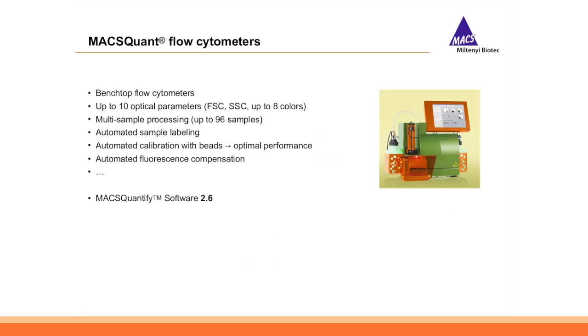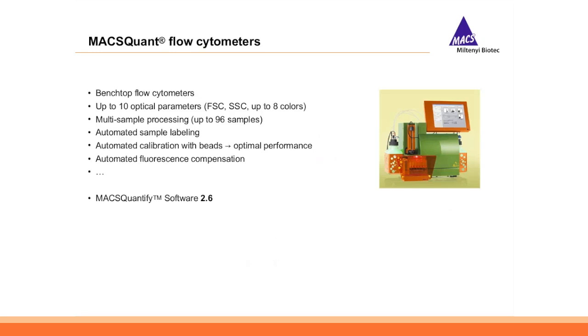They can perform multi-sample processing with up to 96 samples, automated sample labeling, automated calibration with beads to have an optimal performance, and they can also do an automated fluorescence compensation and many more nice things.